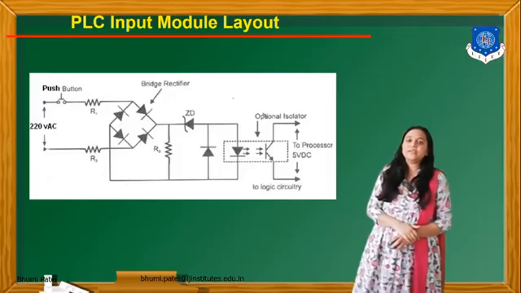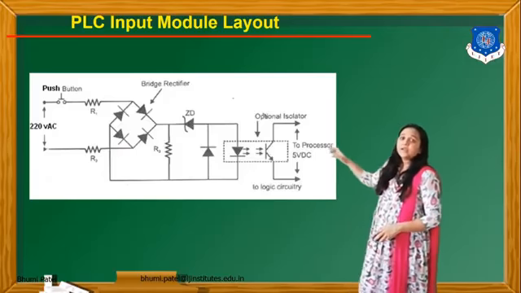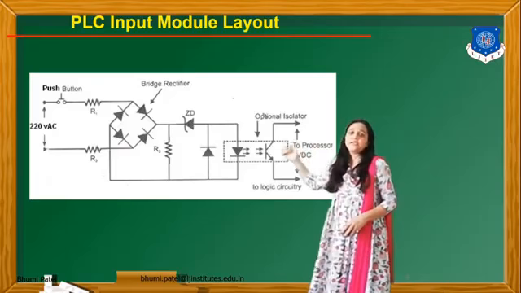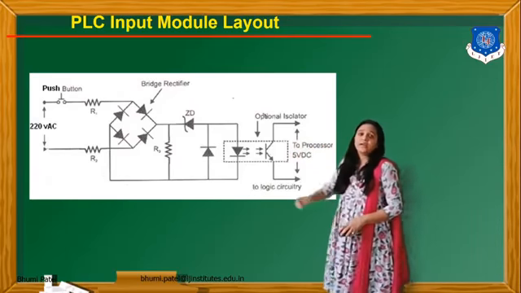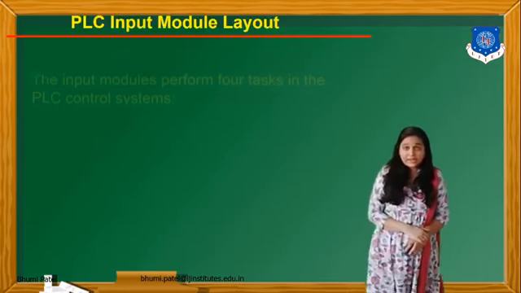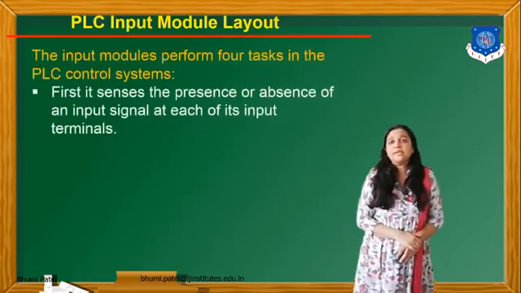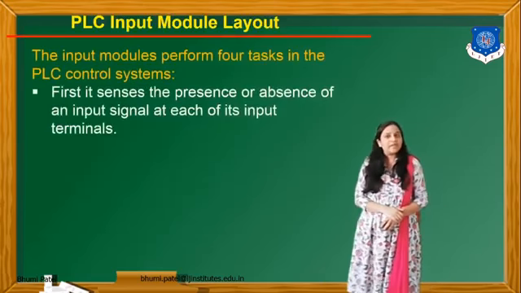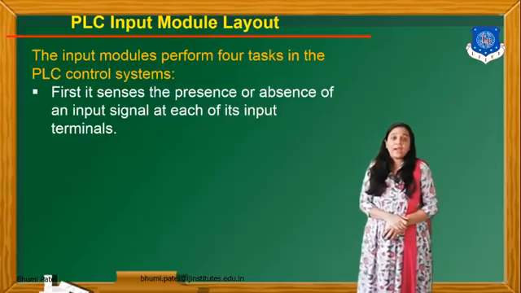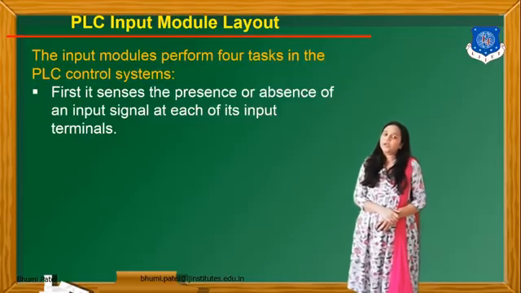Here you can see in this diagram we connect the 220 volt AC input, and after that we connect the push button. So the first task of the input module is to sense the presence or absence of the input signal at each of its input terminals.